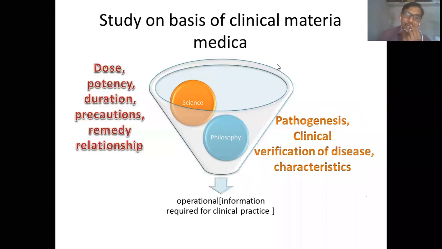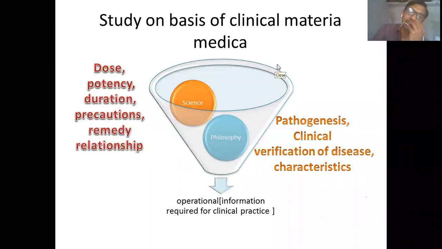Then under remedies like Silicea and Tuberculinum, precautions are given. This remedy should not be used in patients who have already suffered from pulmonary tuberculosis and where that tuberculosis focus is healed and calcified. If these remedies are given, they will reopen this healed tuberculosis focus, and the patient will suffer a lot after such prescriptions.